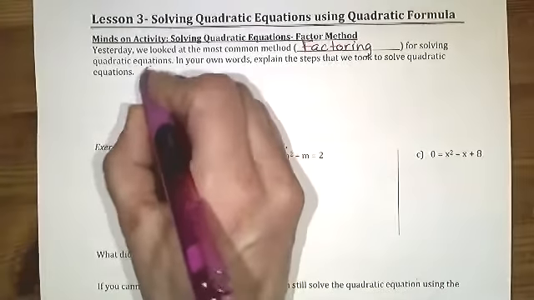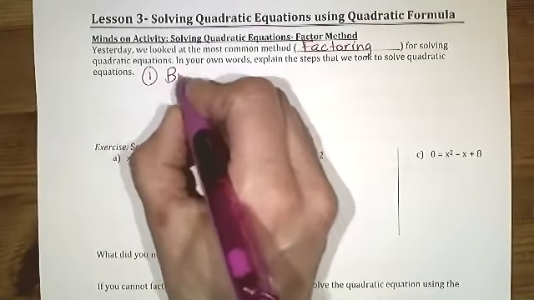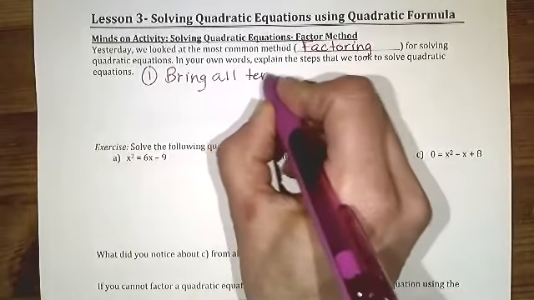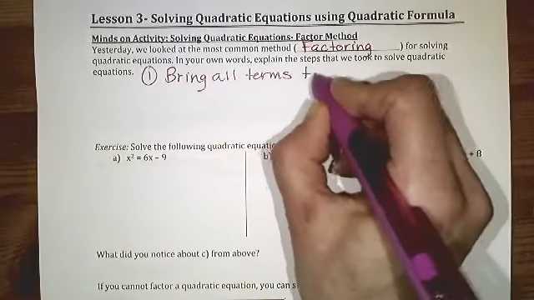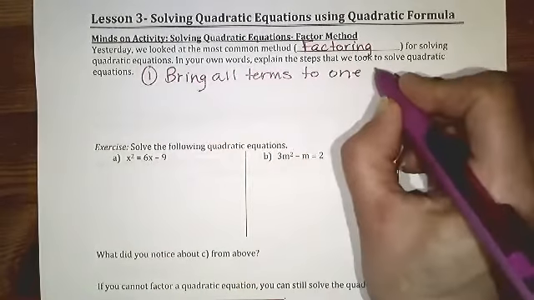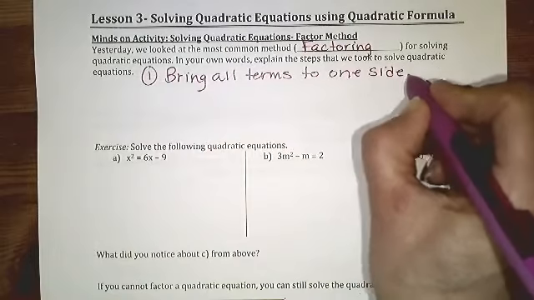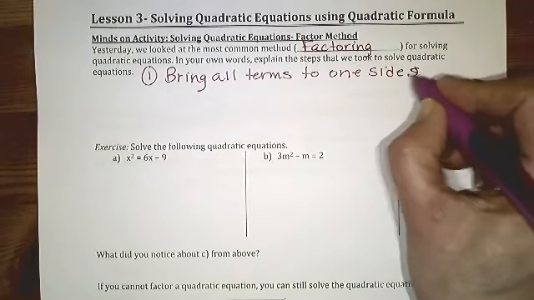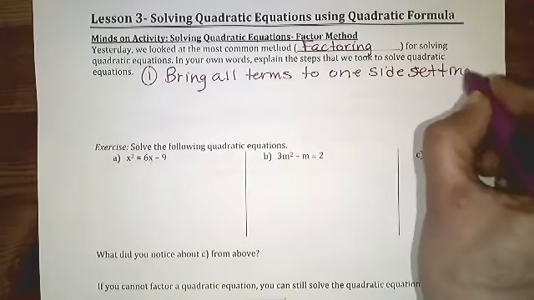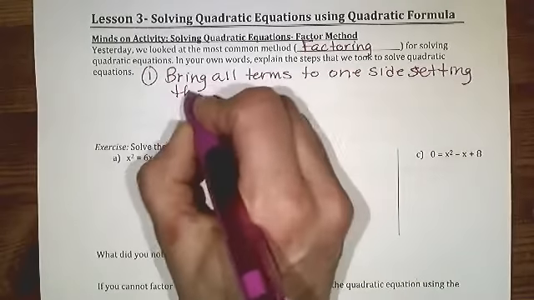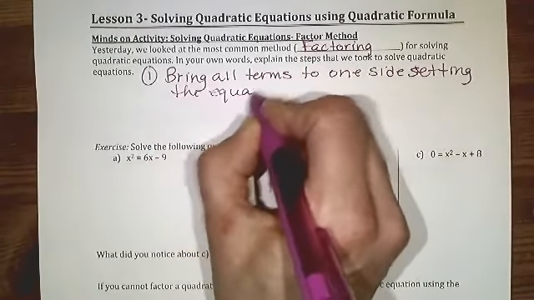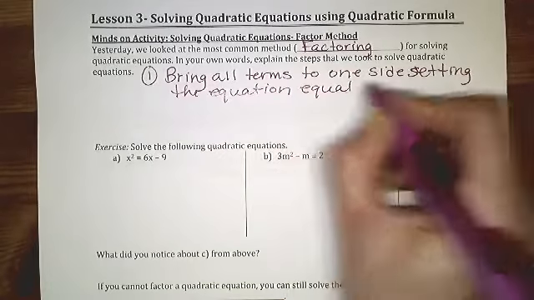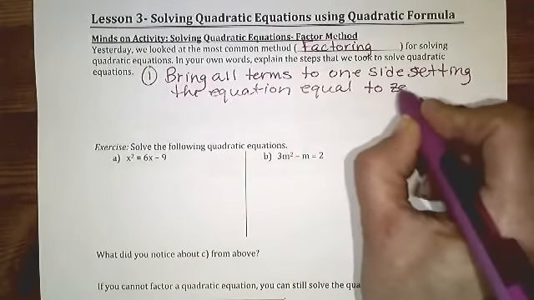So number 1, we need to bring all terms to one side, setting the equation equal to 0.